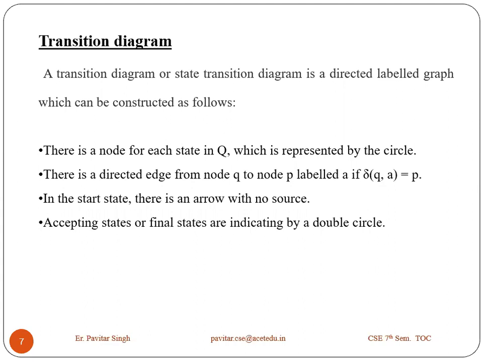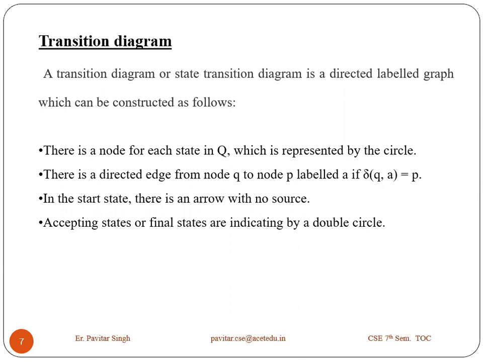The next condition says that in the start state, there is an arrow with no source. It means there is no input over this arrow, right? So this state will be acting as your initial state: a circle with an incoming arrow towards it is your initial state.